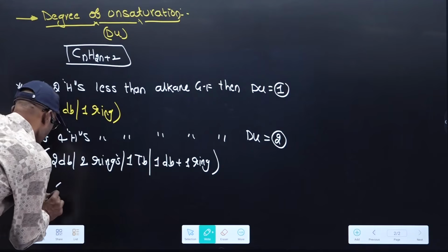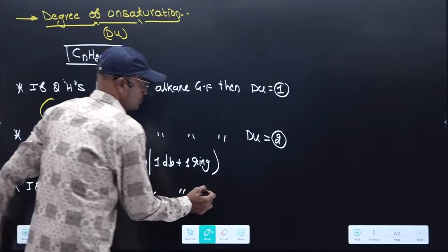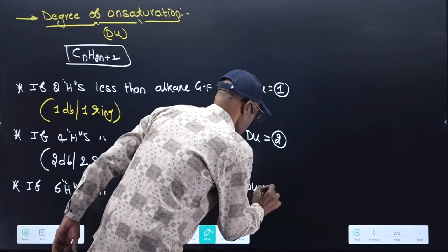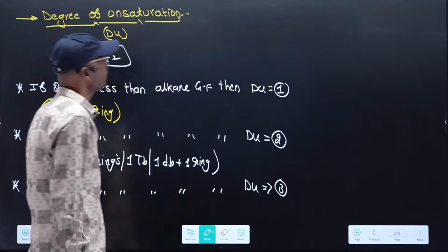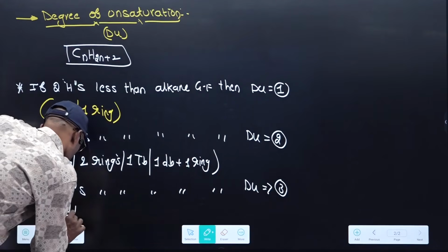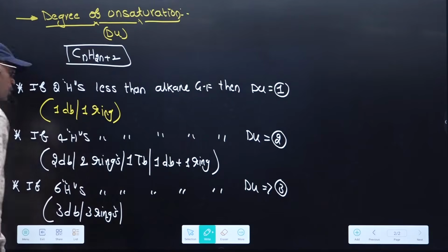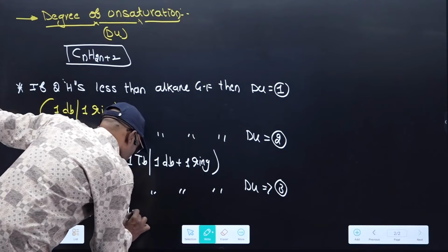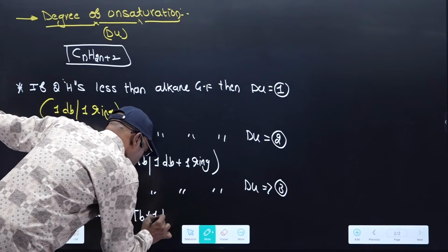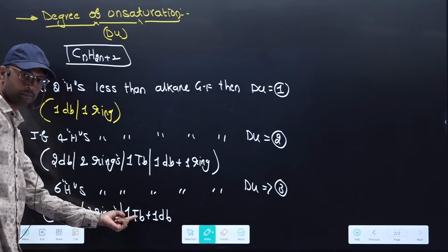Can you guess? If 6 hydrogens are less than the alkane general formula, what about DU? DU is equal to 3. Then what will you expect? 3 double bonds, 3 rings, then how many triple bonds? Can you expect 1 triple bond plus 1 double bond? Possible? In a triple bond, how many pi bonds are there? 2.